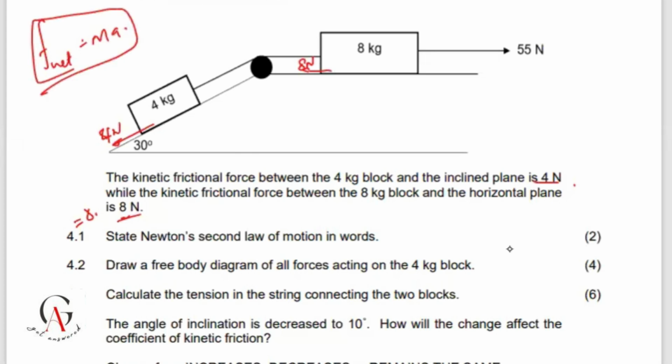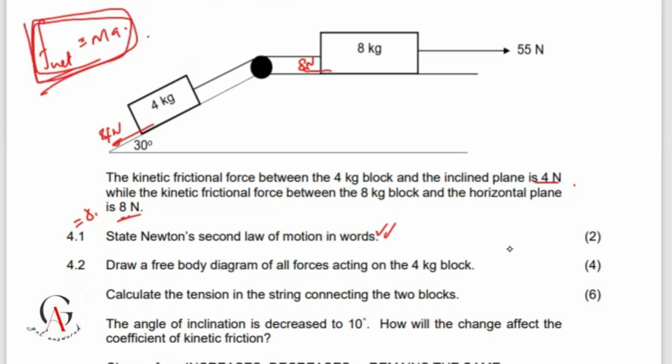So the net force applied on an object is directly proportional to the acceleration of the body, and will always take the direction of the force, but it is inversely proportional to the mass. So that is basically Newton's second law in a nutshell. For as long as you know the formula of Newton's second law, then it all comes from here.